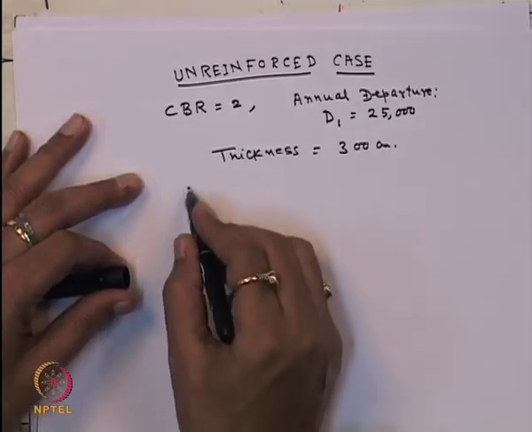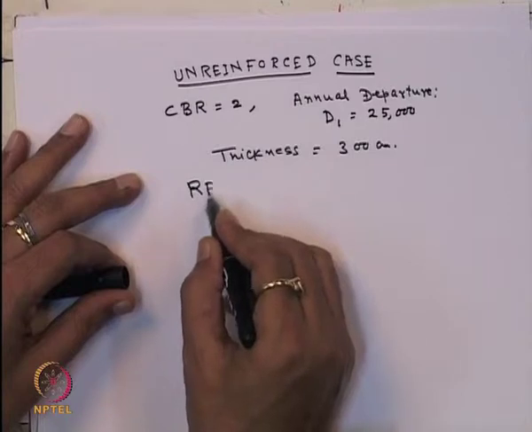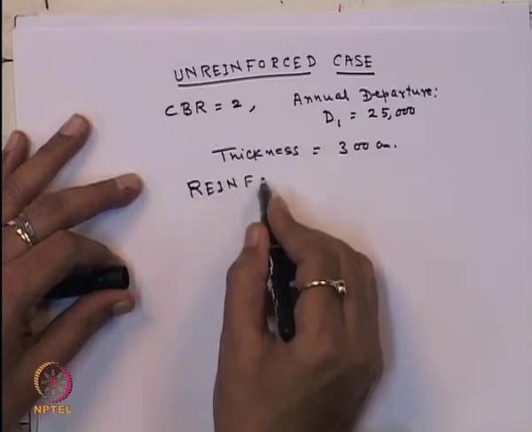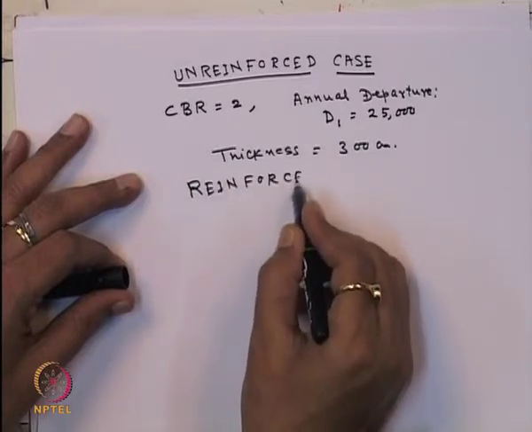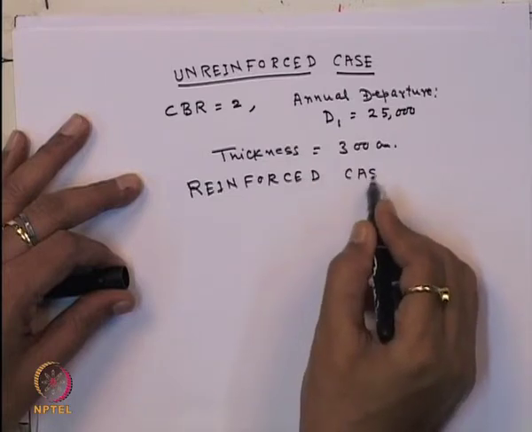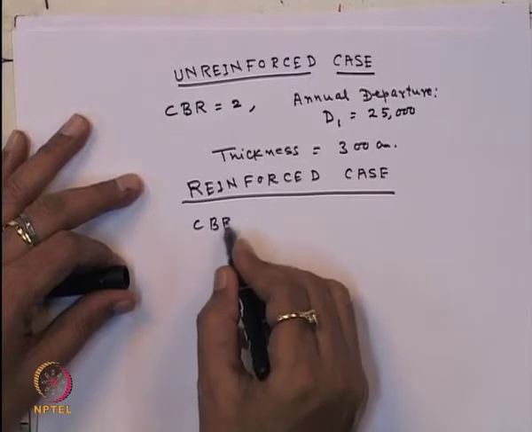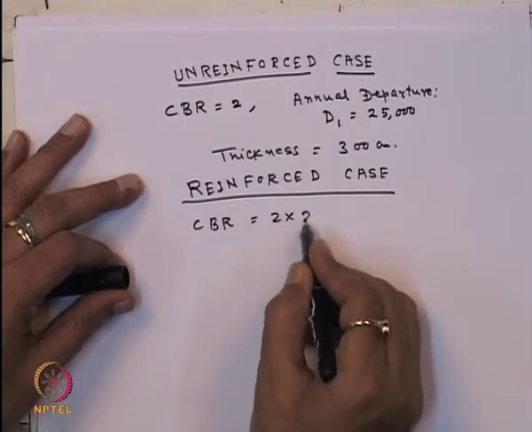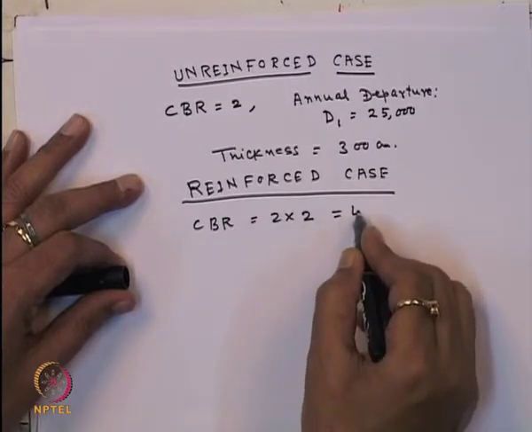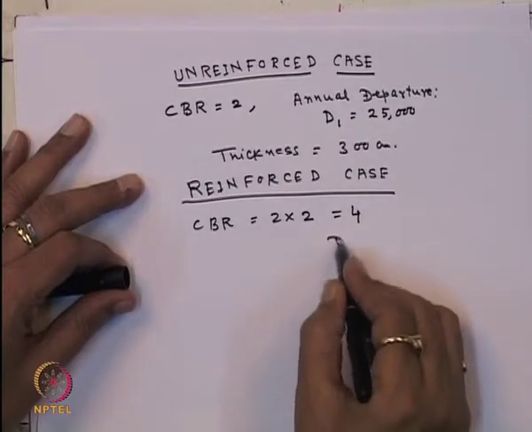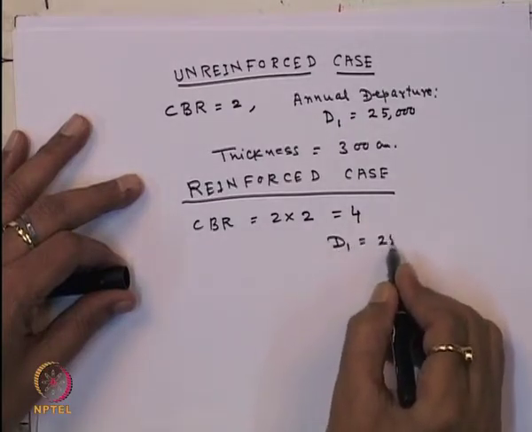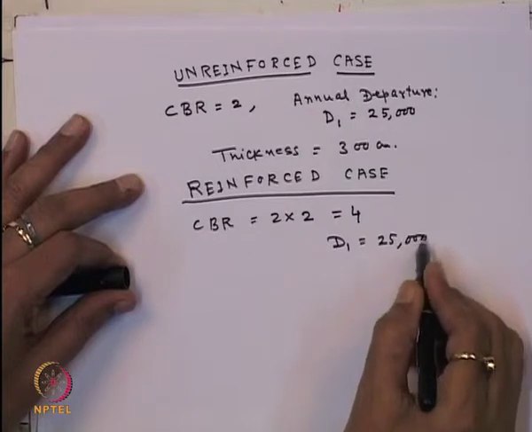But in case of the reinforced case, this CBR will be double, 2 into 2, that means CBR will be 4. Let us say annual departure D1 is also the same, that is 25,000.